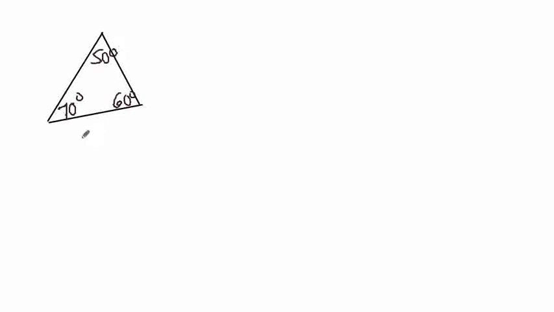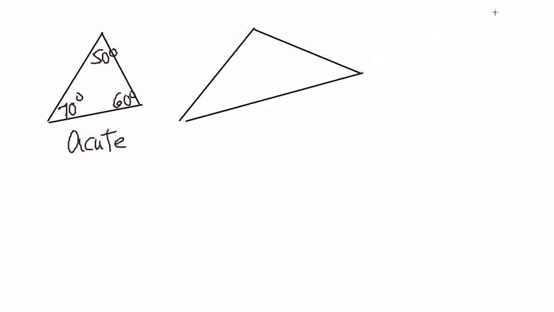Okay, so they're all less than 90, so we call that an acute triangle. All right, what about if I had something like this? Maybe now the angle is 40 and 50 and 130. Okay, in that case, because we have an obtuse angle, remember obtuse means you have an angle bigger than a right angle, then it's called an obtuse triangle.